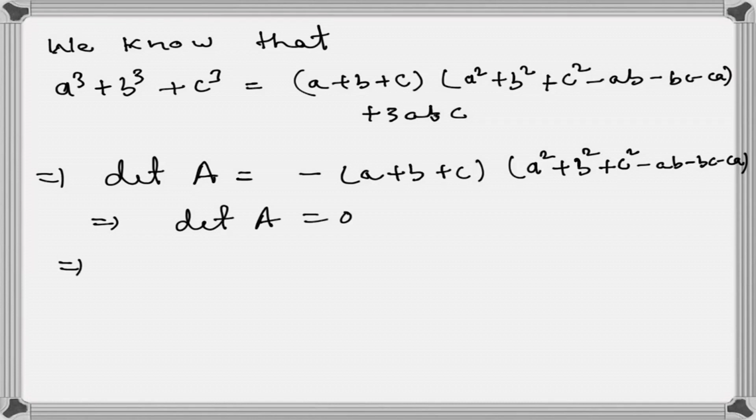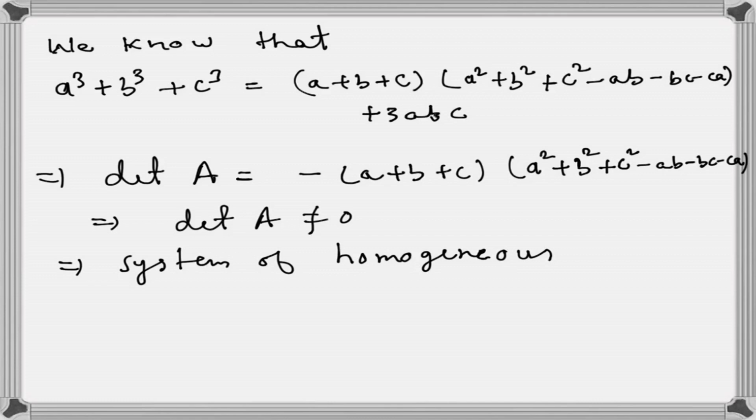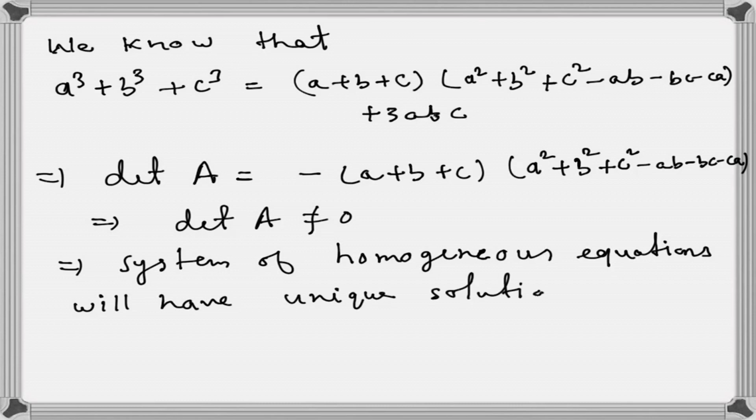So this implies that the system of homogeneous equations will have a unique solution, which is nothing but x equals 0, y equals 0, z equals 0.